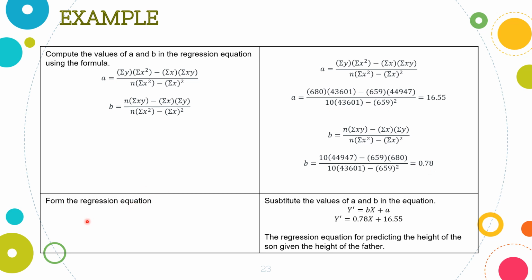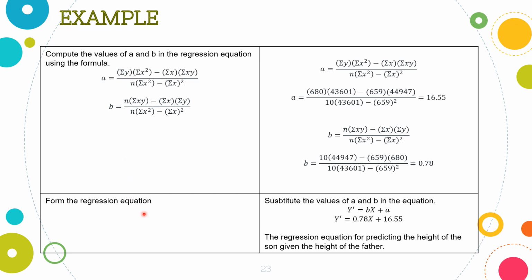Then, since we get the value of a and b already, which is 16.55 and 0.78 respectively, we now form the regression equation, which is step 4 na tayo. Kasi, nag-proceed tayo ng step 3 because the relationship exists. Kasi we reject the null hypothesis and we accepted the alternative hypothesis.